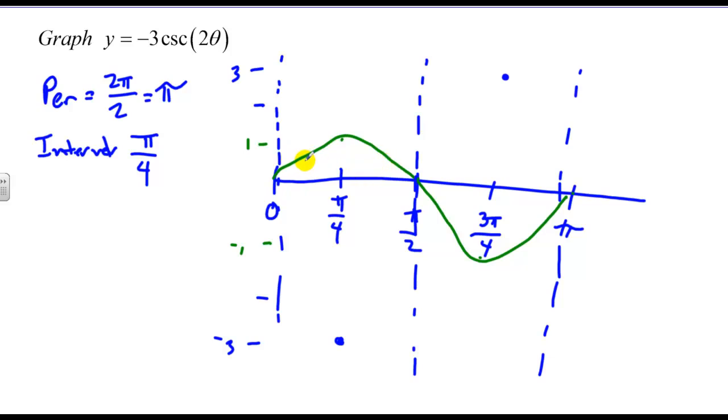I take the reciprocal of that, and that's 2, but then I'm multiplying that by a negative 3, so that's actually negative 6. So my graph is going to look something like this blue graph here. And you'll notice after this, it would repeat itself and go back down over on this side.